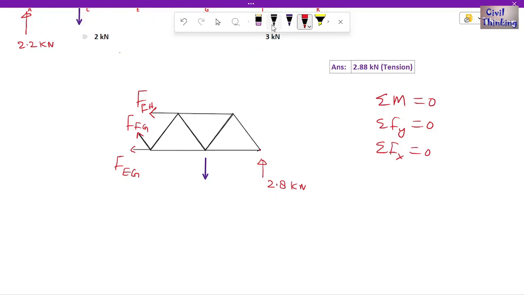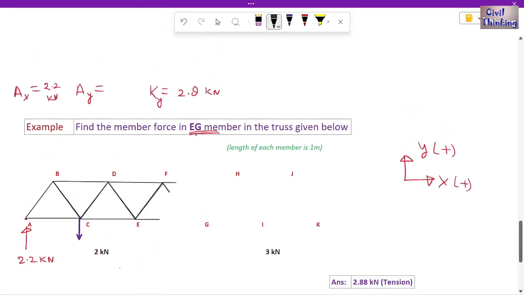Now this force FFG, let me draw lines here. We have to resolve this FFG into a vertical force and also into a horizontal force. First we need to find this angle theta.